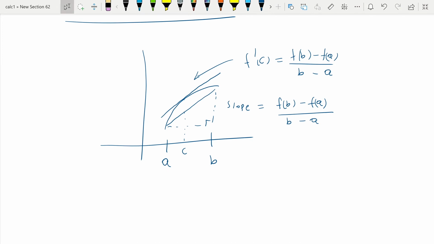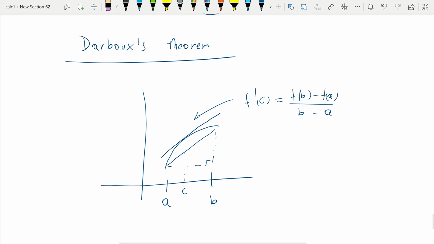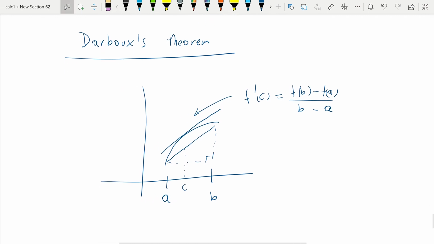The derivative at some point in between a and b is equal to the slope of the secant line. And that's the mean value theorem.